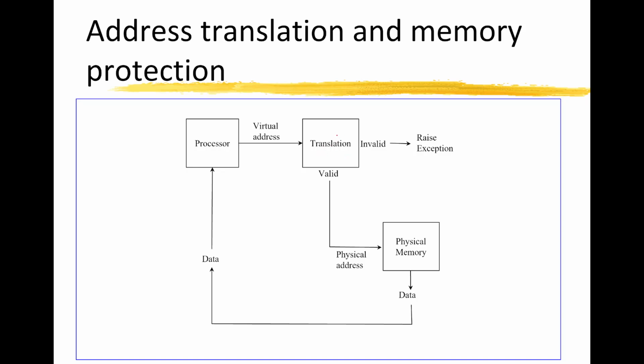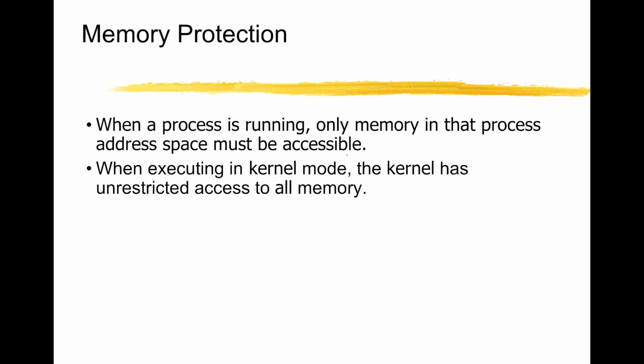The address translation module checks: is that virtual address available in the physical memory? If it's valid, then you find the physical memory here. If it's invalid, then you raise an exception and say no, it's not found. It's a problem. Now, if it's found, you go and fetch the data, and that data is given to the processor to execute. That's just how it is. So it has a range in which it has to select.